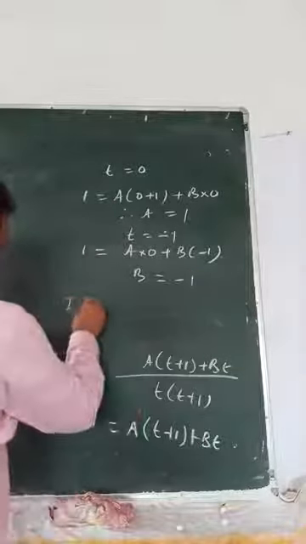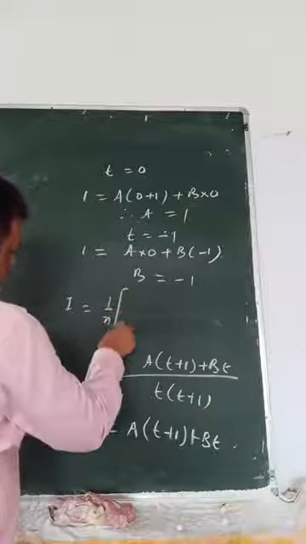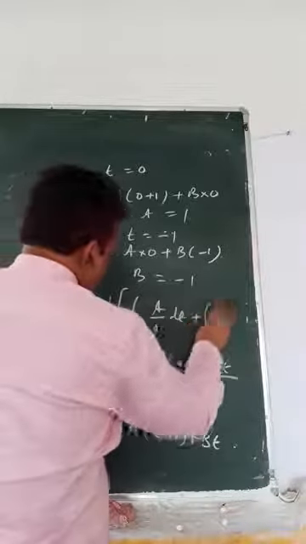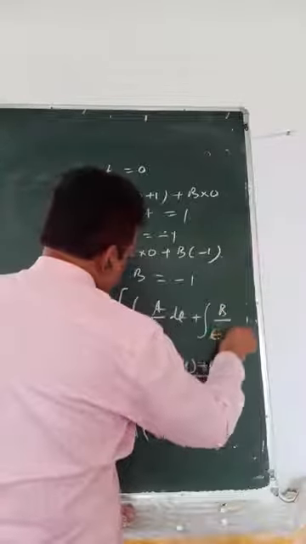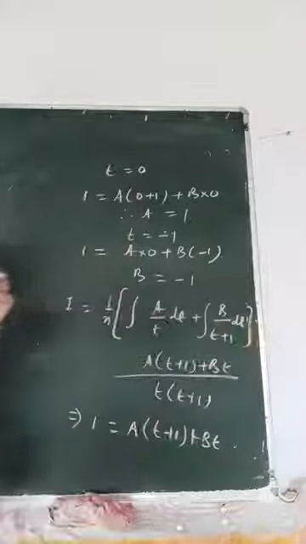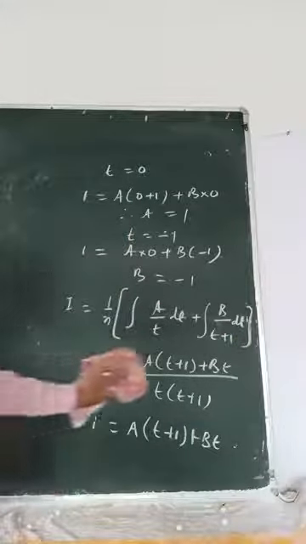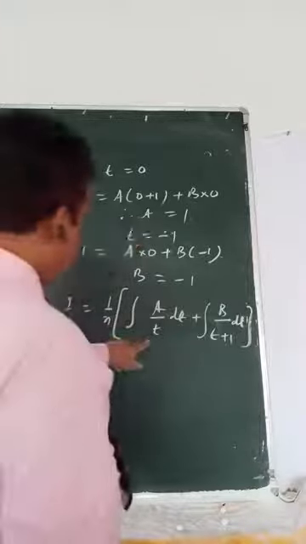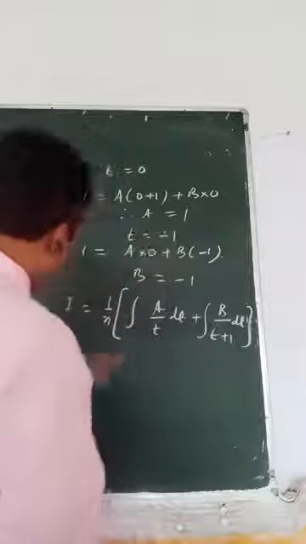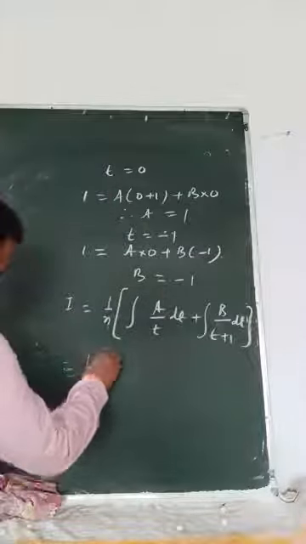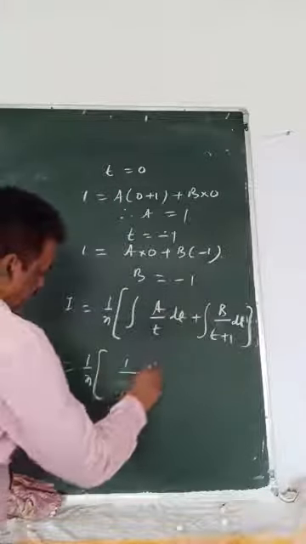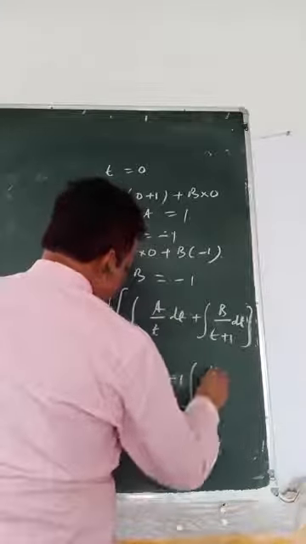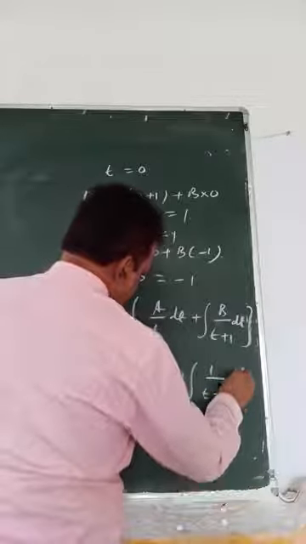So I equals 1 by n outside, integration of a by t dt, plus integration of b by t plus 1 dt. Now a is equal to 1. So 1 by n, integration of 1 by t dt minus 1, 1 by t plus 1 dt.